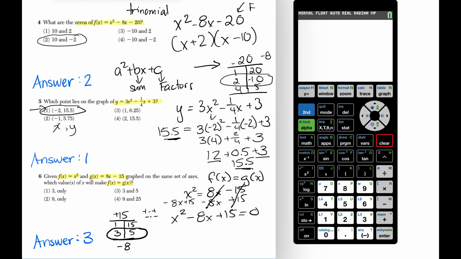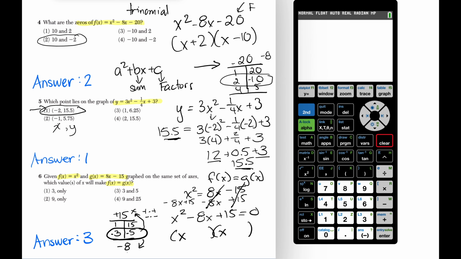No. Can this be a negative 8 if both of them are negative? Yes. So those are my two factors. Negative 3 plus negative 5 is negative 8, and negative 3 times negative 5 makes 15.